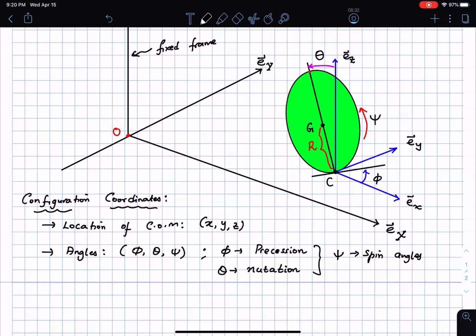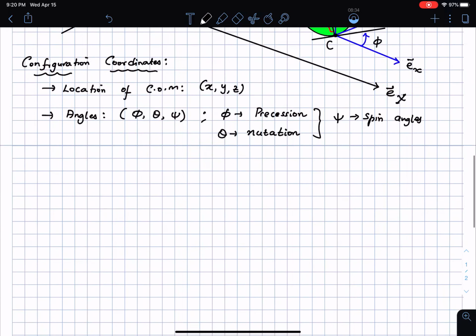So first, we start looking at the Euler sequence, which is used to describe the angular velocity of the rigid body. We make use of Euler angles. Essentially, phi, theta, and psi are the Euler angles that we're defining here.